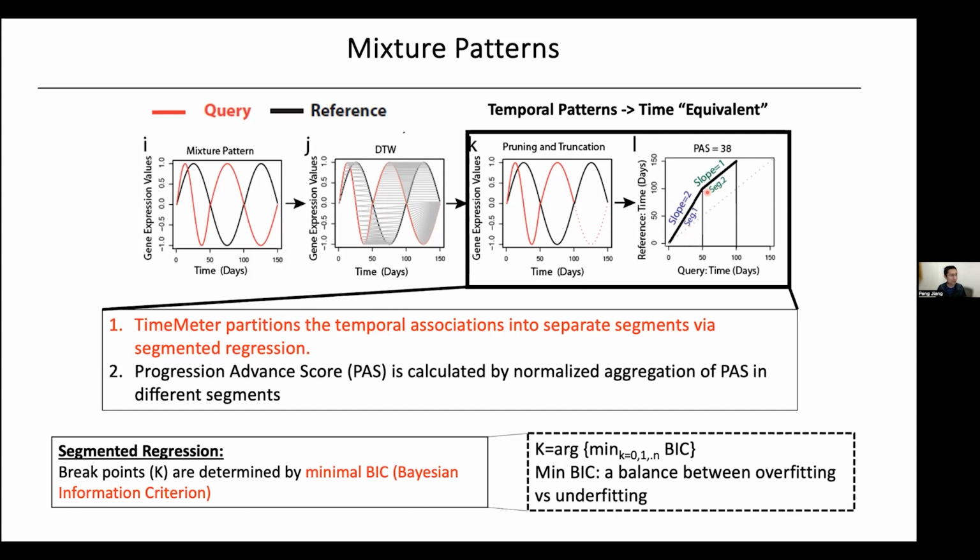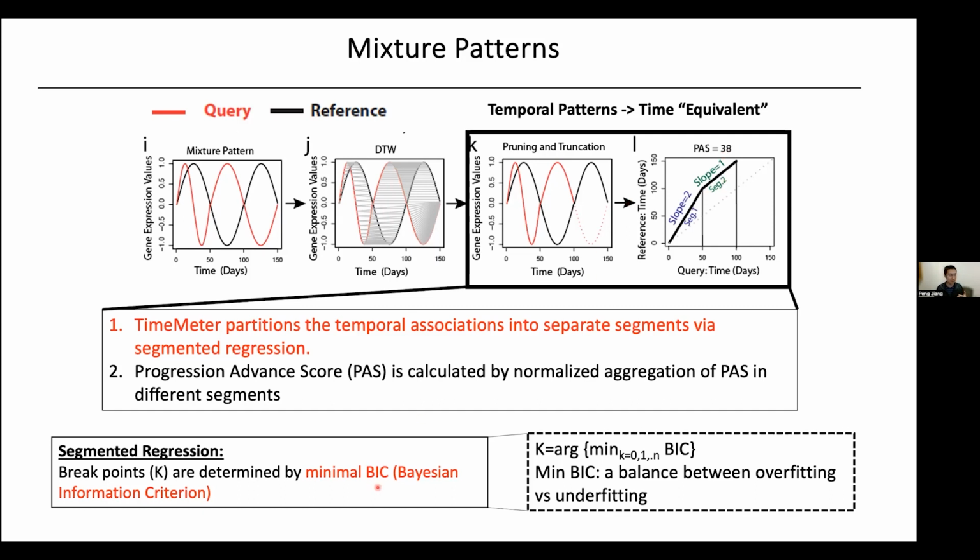It's a trade-off between the number of breakpoints and overfitting, so there is a trade-off between underfitting and overfitting. Intuitively, for segmented regression or machine learning models, the more parameters you add, the better the performance will be. However, this generates overfitting, because each added parameter potentially causes an overfitting problem.